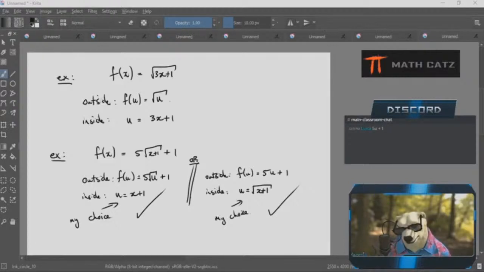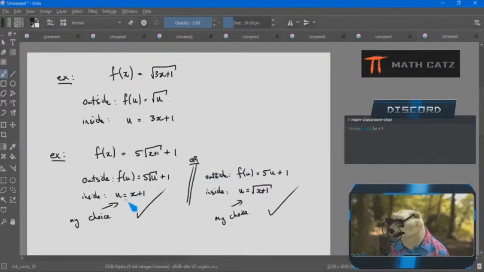And they're all correct. They're both correct, because if I compose them back, function inside another function, I get the original. Awesome. Great. That's good. More answers are correct.